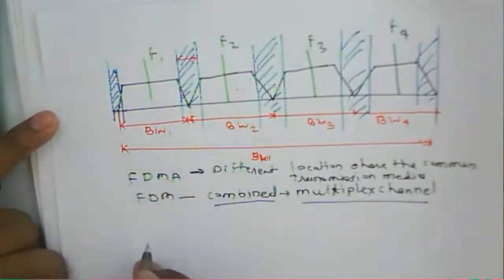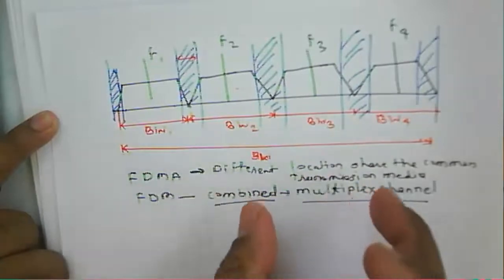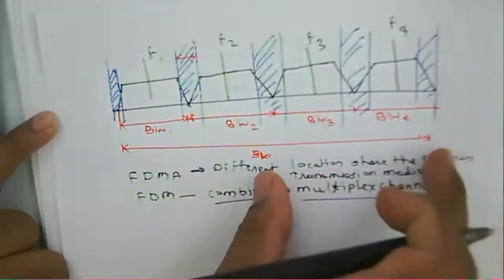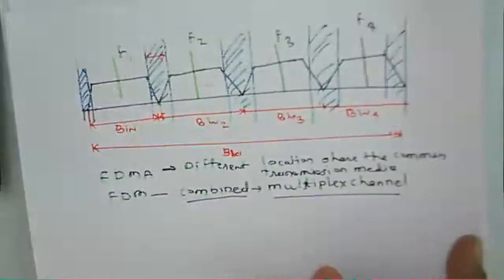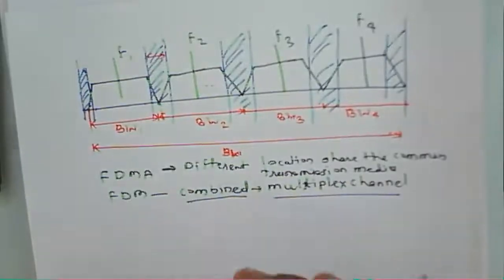Different locations share the common transmission media, in which we can consider there may be an analog voice channel or a digital voice channel.